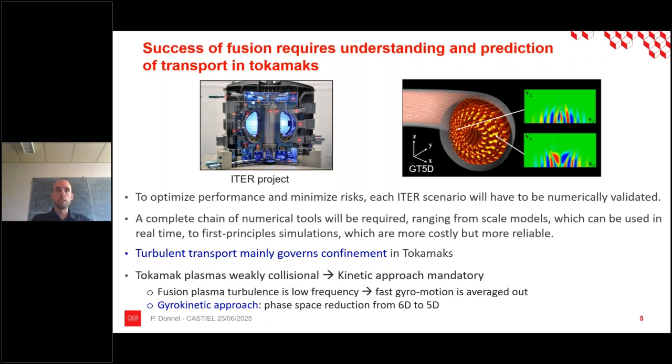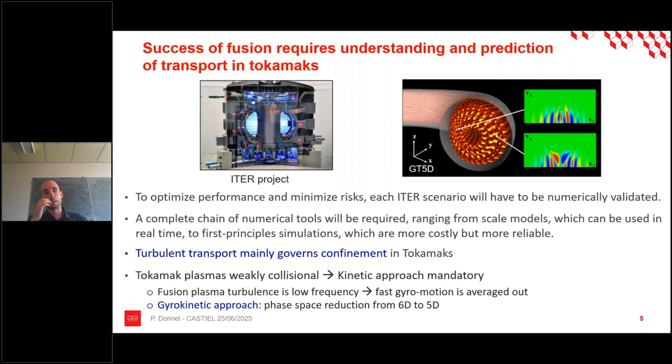To do so, we need a complete chain of numerical tools, ranging from scale models, which can be used in real time, to first principle simulation, which is much more costly, but also more valuable. Today I will speak to you about one of these first principle simulation codes.